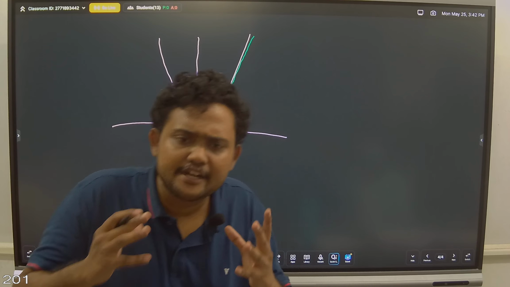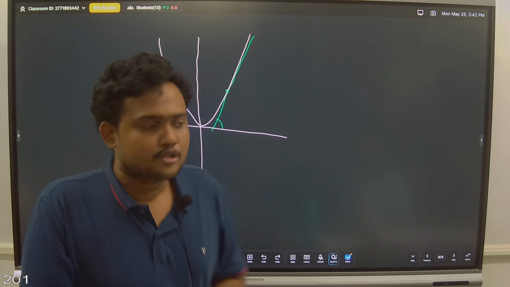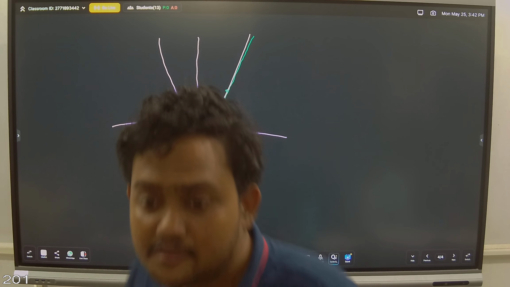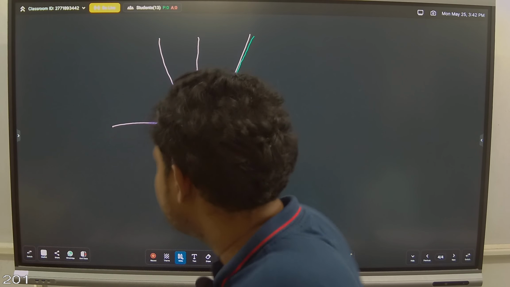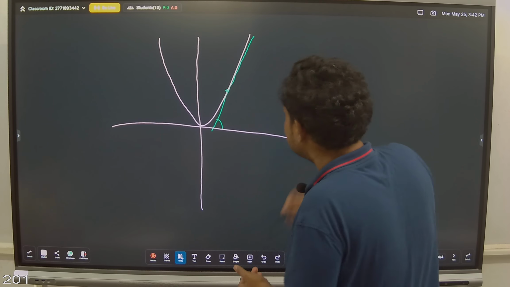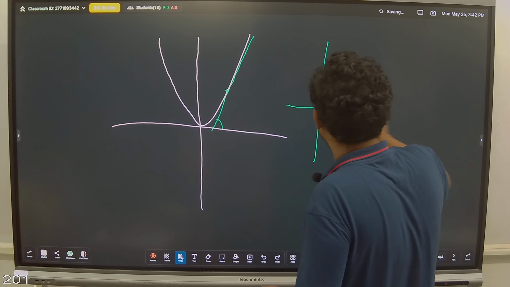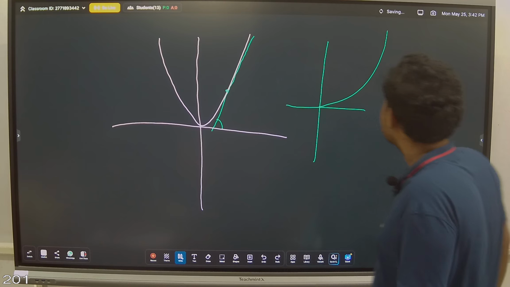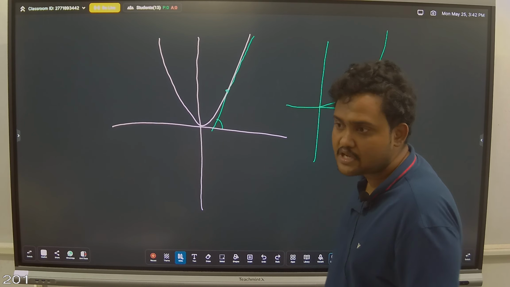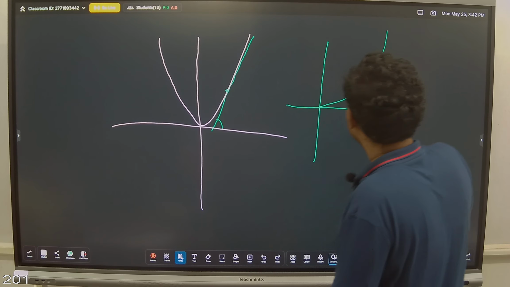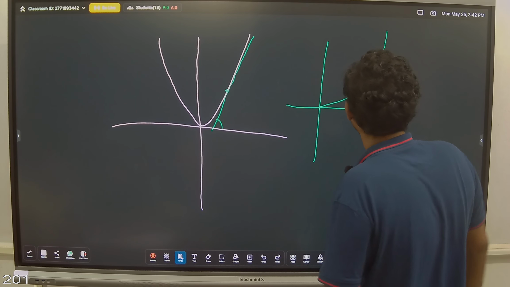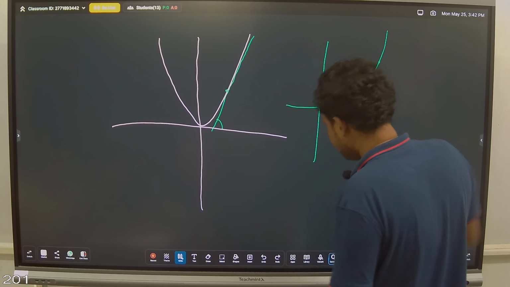So how exactly do you find that? There are several ways you can do this. The derivative, yes. Let us say we have a curve like this. If we want to find the slope at this point, one thing we can do is take a point here and a point here.